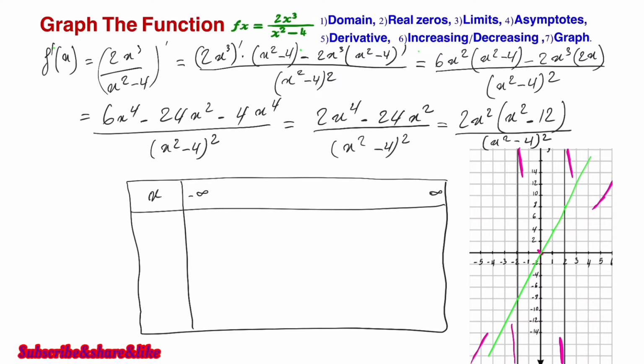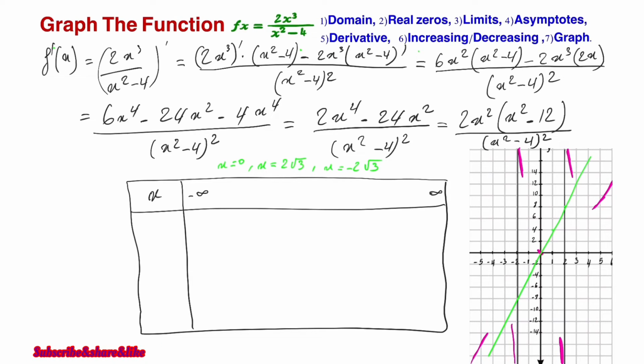We see that the derivative is equal to 0 at x equals 0, and that x squared is equal to 12, so x equal square root of 12, which is just 2 square root of 3, and x equal minus 2 square root of 3.